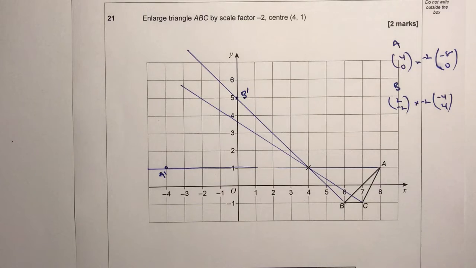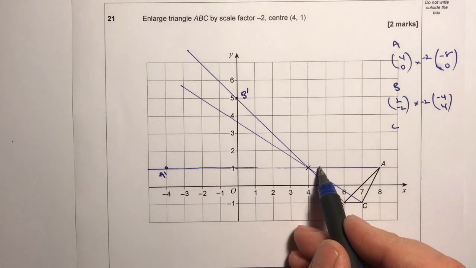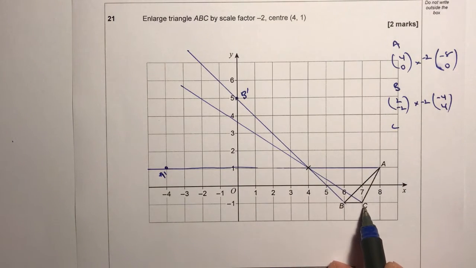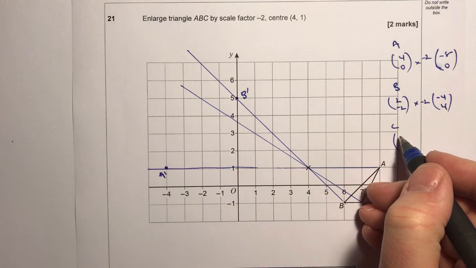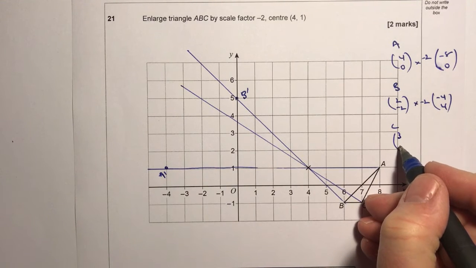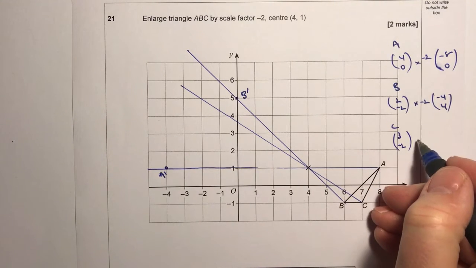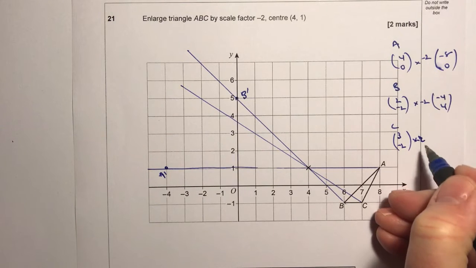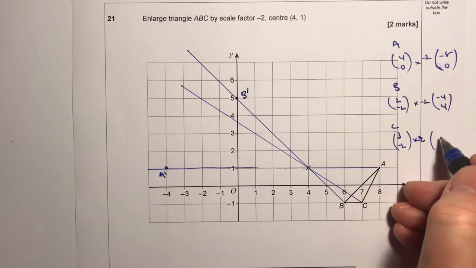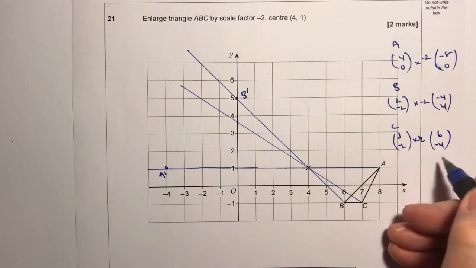Okay, final one is going to be C. Let's have a look at how I'm going to get there. I'm going to move along 3 and down 2. So the vector for C is going to be 3 positive and -2 because I'm going down. Multiply that by -2 and I'm going to get -6, 4.